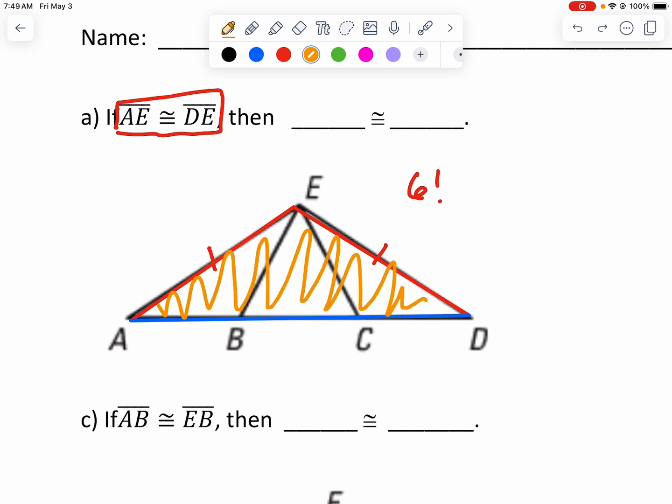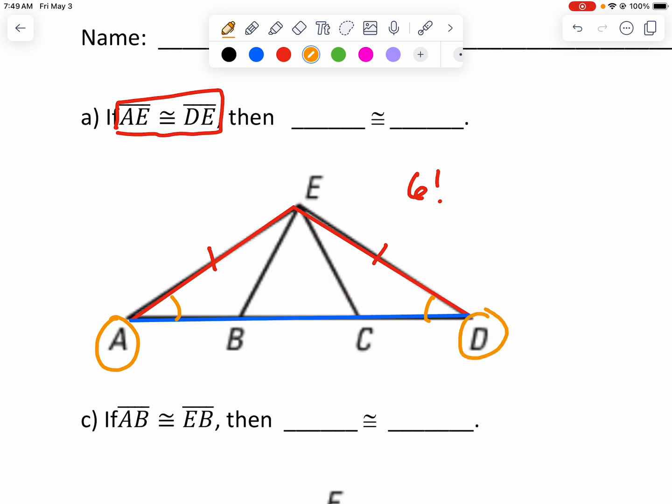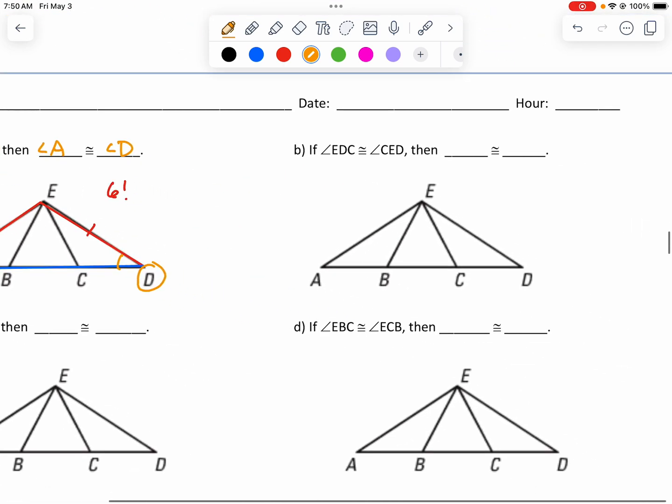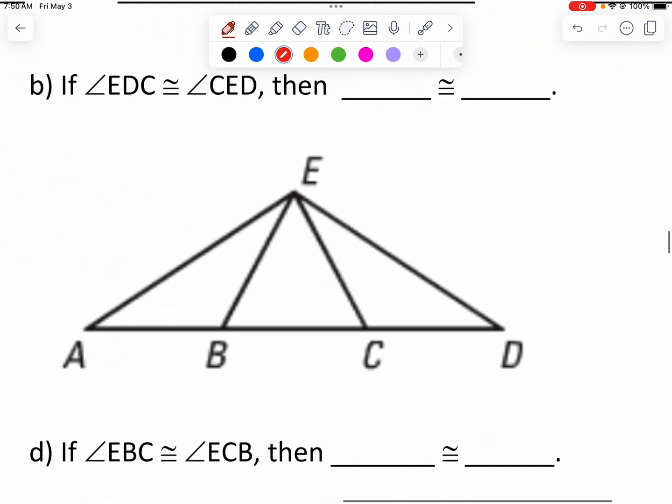All right. Knowing that's the case, if those two things are congruent, what does it tell me about the base angles? They're also congruent. And where are they at? Angle A and angle D. EDC, that's this one, is congruent to angle CED.